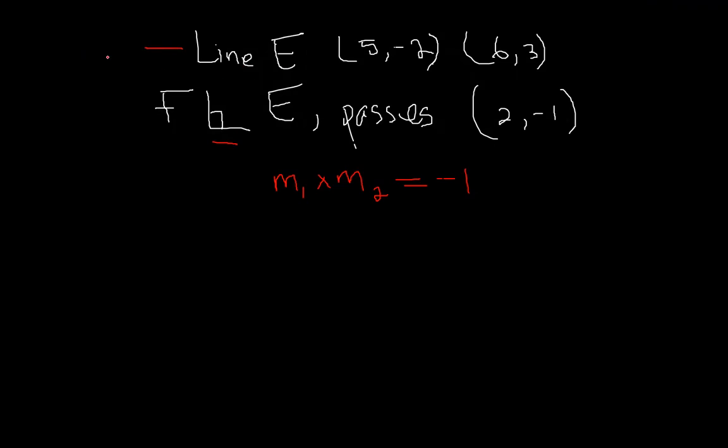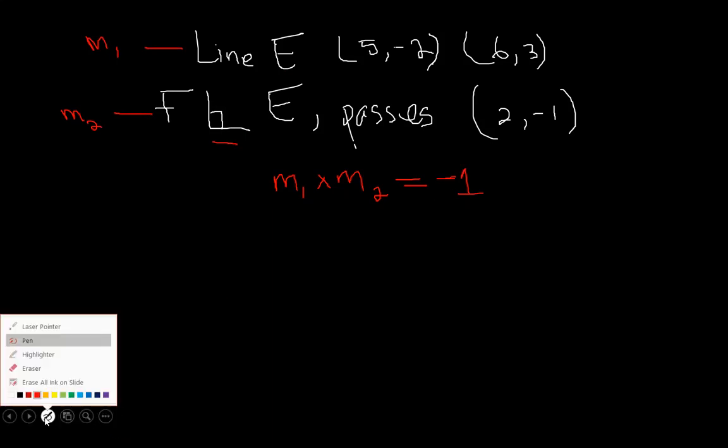The gradient of E is M1, and the gradient of F is M2. Since F is perpendicular to E, M1 times M2 is equal to -1. Everybody remembers that, right? All the people who were here last class.